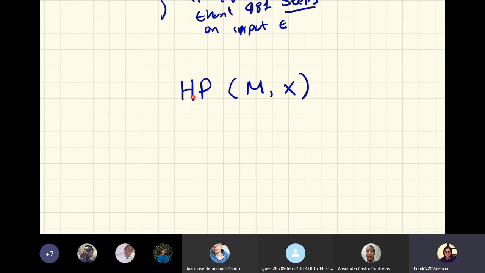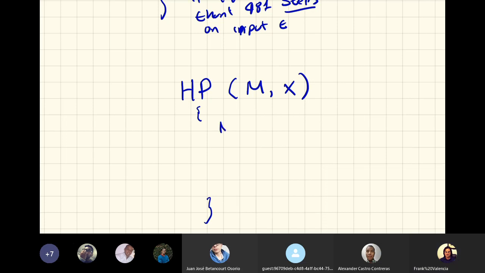The idea is that this algorithm is going to return yes if m halts on input x. That means if the machine stops at some point on input x, accepts or rejects. Then the trick is going to be the following.